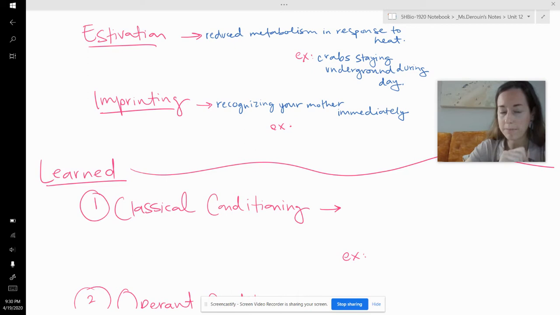I'll link the video on Edpuzzle, but they follow him around in a line because they have imprinted that he's their mother. It's an innate behavior that allows you to recognize who your mother is, as a baby. Humans imprint too, but not in the same way that ducklings do, obviously, and birds.